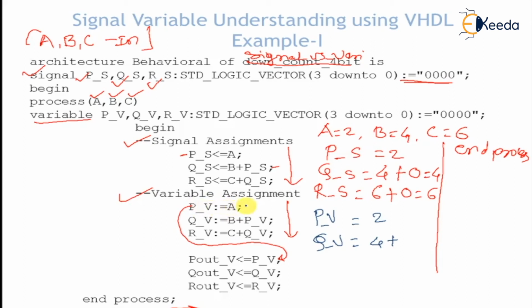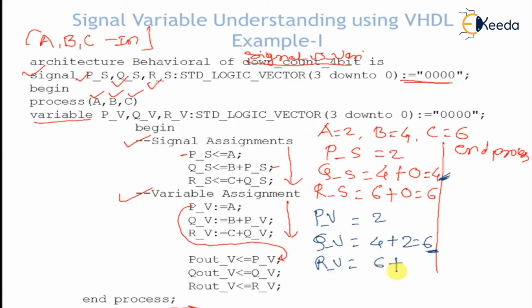So whatever value is assigned here immediately has an effect, and it will take 4 plus 2 is equal to 6. So that is the difference between signal and variable. In a signal, it takes the previous value for the computation and the assignment happens at the end of the process. In a variable, the assignment happens immediately. So these two values go to P_V, the value updated here. Again R variable is equal to, what is the value of C?